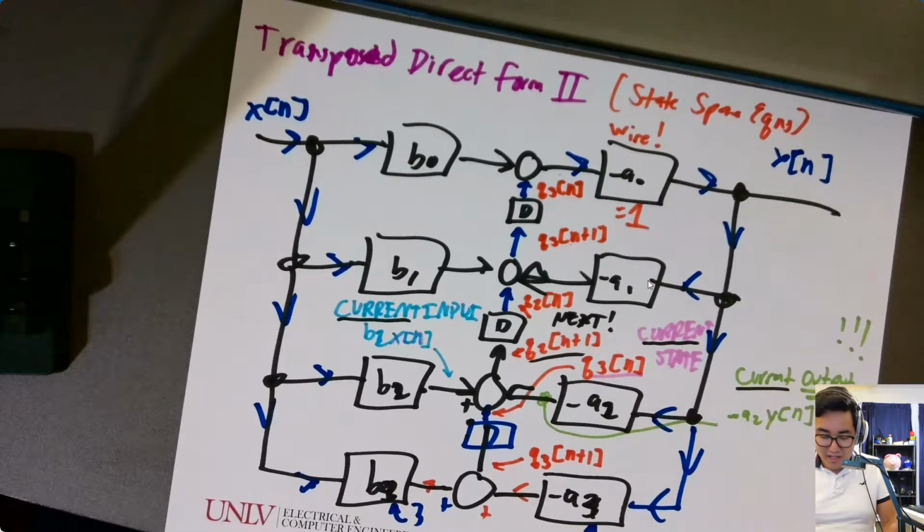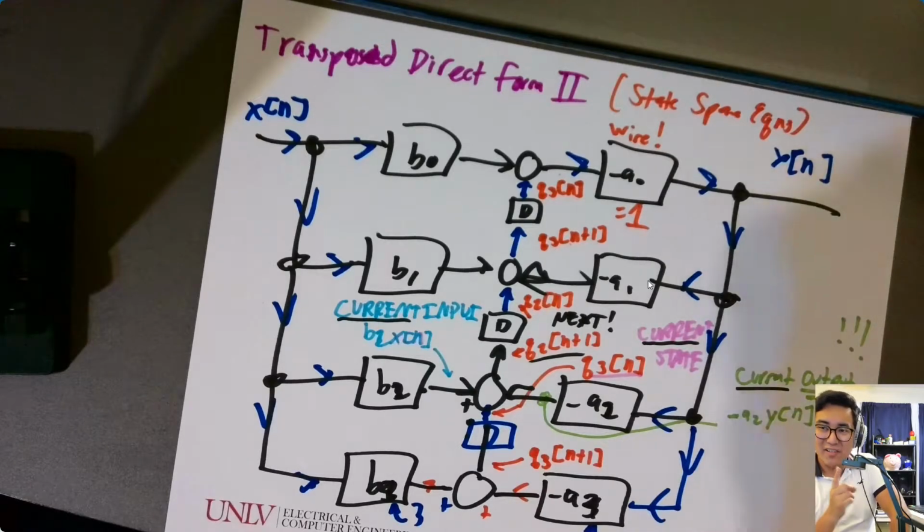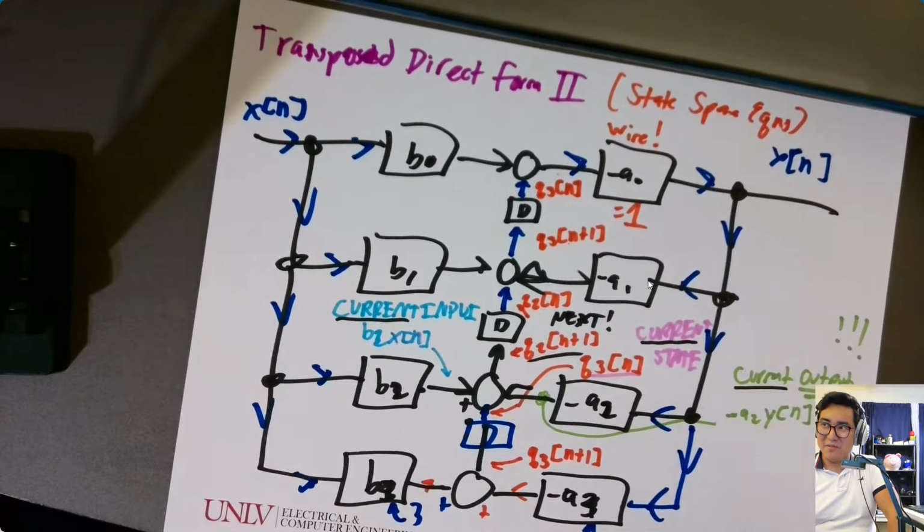So now what I want to tackle is this. I'll tell you now, of the two block diagrams, the transpose direct form 2 and the direct form 2, each have their pluses and minuses. The reason why I was underlining this was because something was off. There was a red flag.